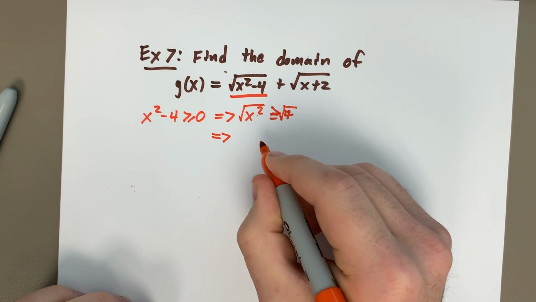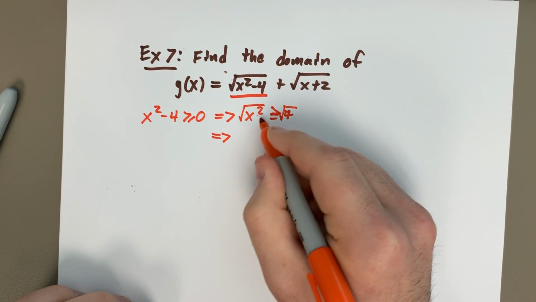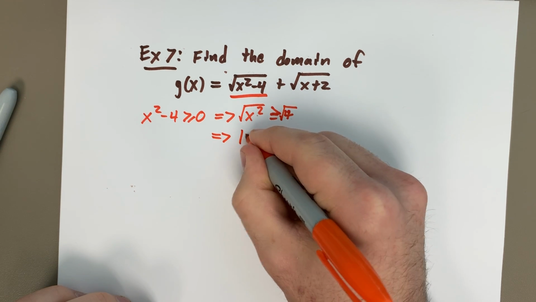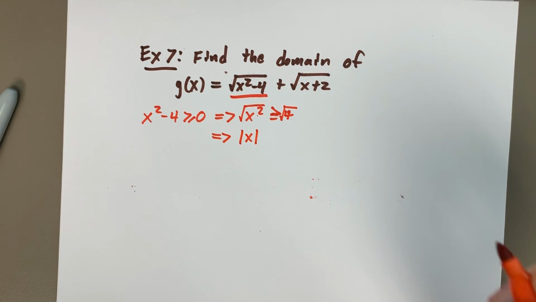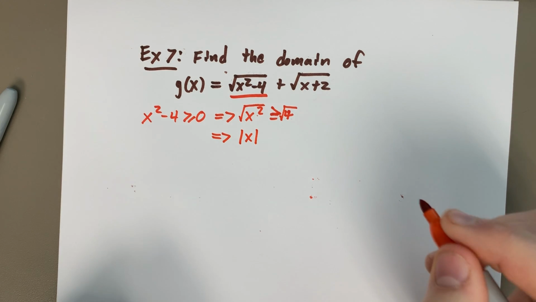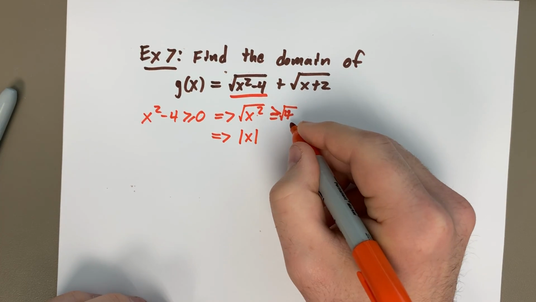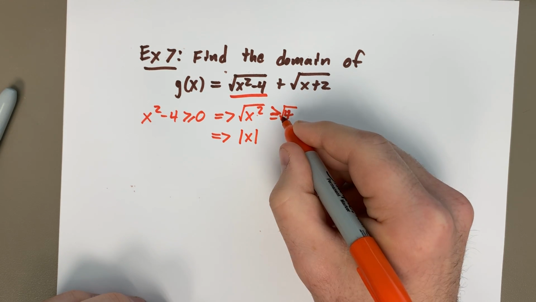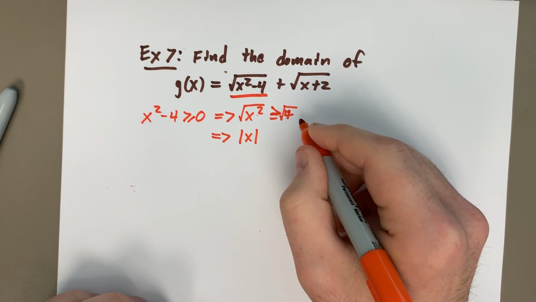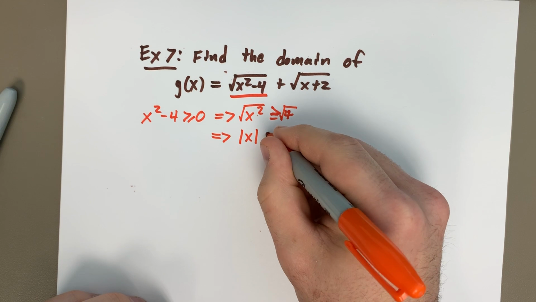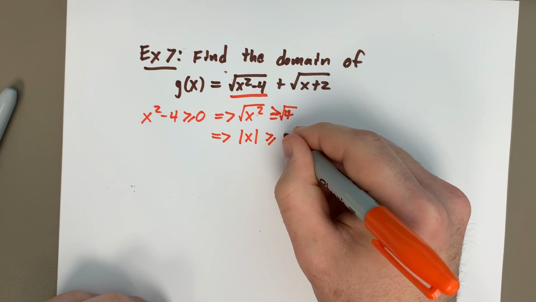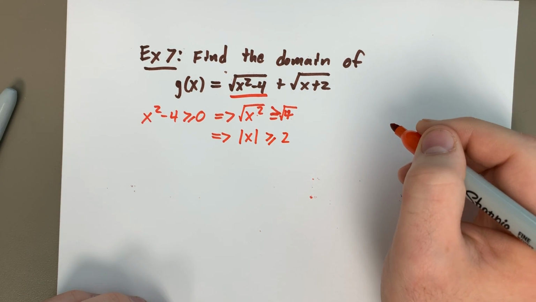We've got to be very careful here, because now I have a square root of x squared. By definition, that is equal to the absolute value of x. All right? And the square root of 4, we're just looking at the positive square root of 4, because when you take square roots, by definition, that is going to be the positive square root. So that's greater than or equal to, the square root of 4 is 2.